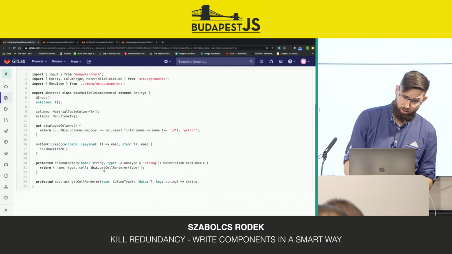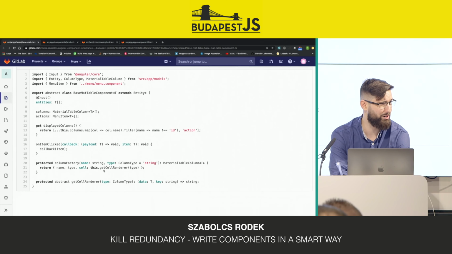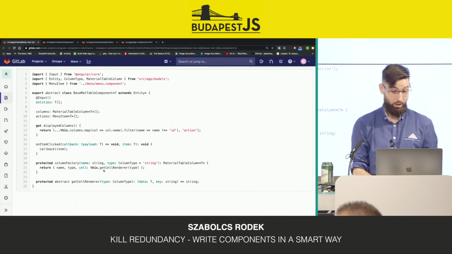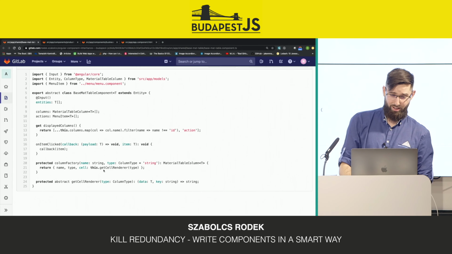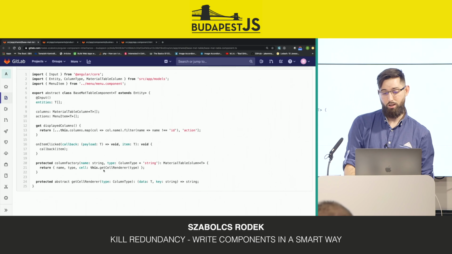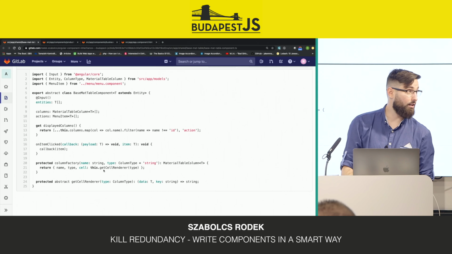Because inheritance is one of the worst patterns, in my opinion, in object-oriented design, if we are talking about sharing some properties or functionalities between classes or between functions or between anything. So you should have really serious reasons if you want to use class inheritance.